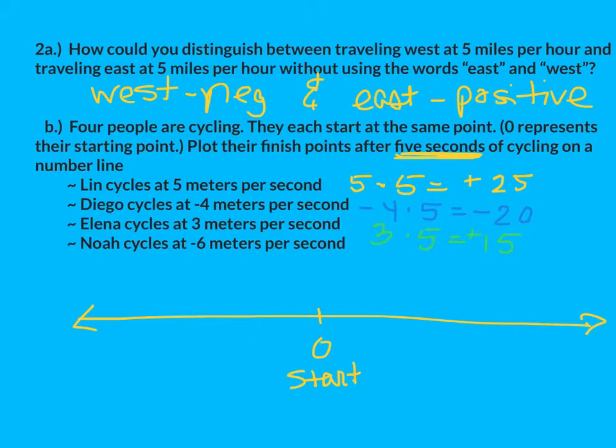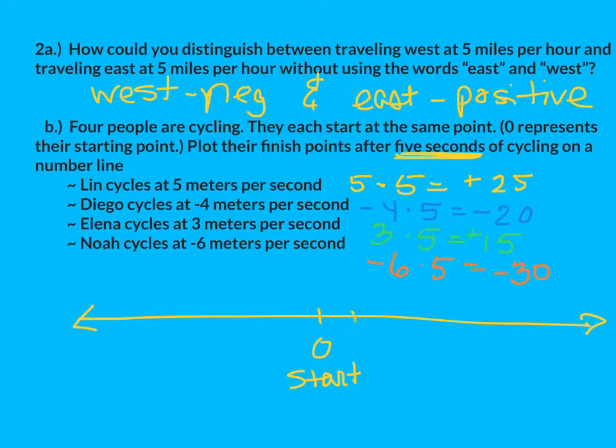And then Noah cycles -6 meters per second. I'll multiply that times 5. 6 times 5 is 30. There's only one negative, so that's -30. So it looks like, based on my answers of 25, 20, 15, and 30, that I should be setting up my number line by 5s.